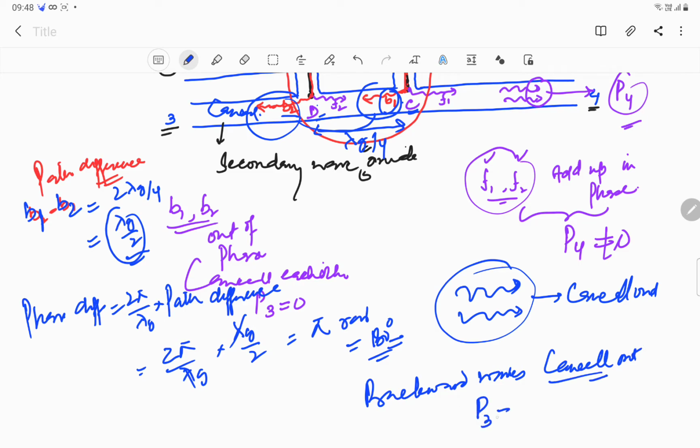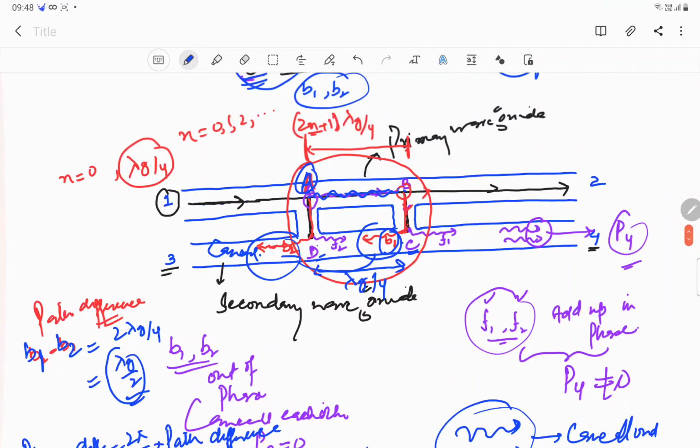Therefore P3 is 0. Now if we look at the forward waves F1 and F2, as I said, this is F1 and this is F2. They have to travel similar distances.